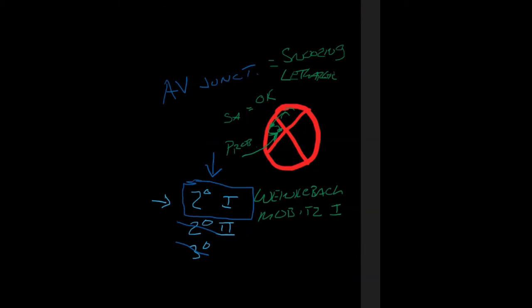Again, the problem is that the AV junction is becoming lethargic, and therefore it's holding up each beat for a period of time longer than the one before until it eventually blocks one. It doesn't allow it to come back down through, and it's typically consistent.